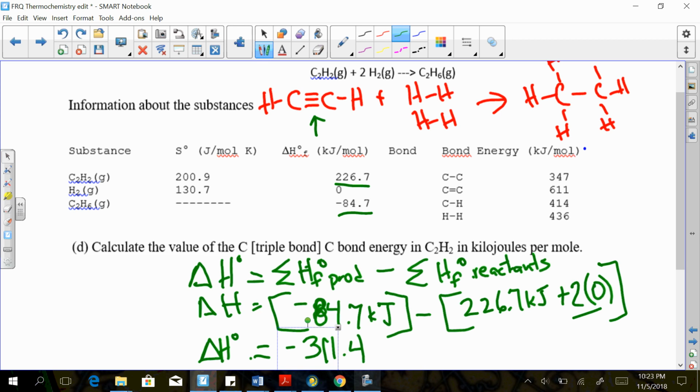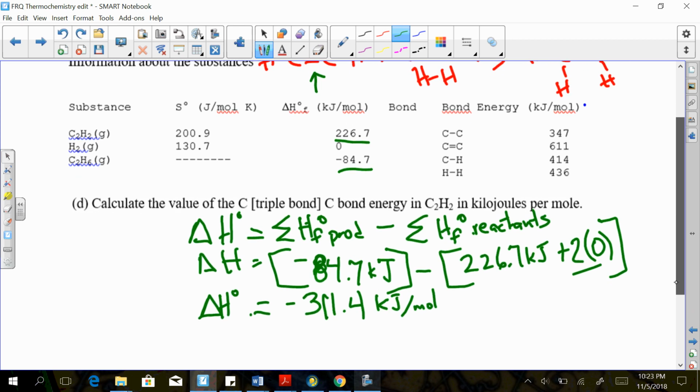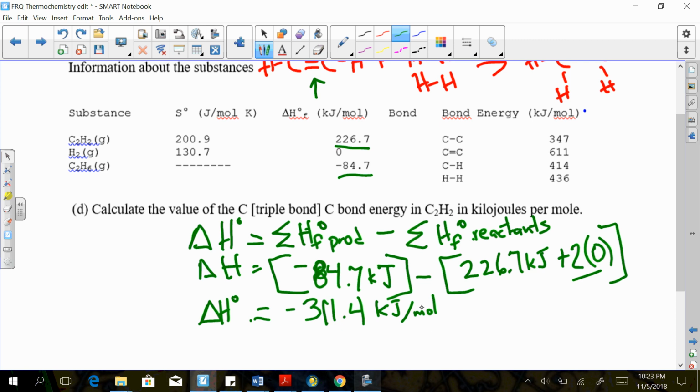And that's kilojoules per mole. Okay, so now I know my delta H of reaction.